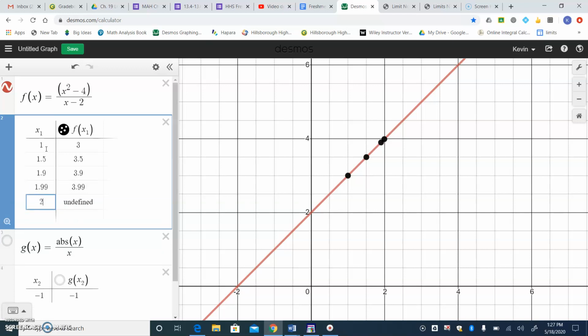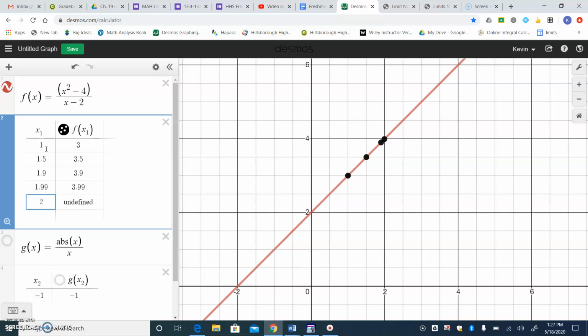Now, keep in mind, I can't plug 2 in. If I plug 2, it's undefined. So that's not really helpful to always just plug an x value in and get the answer out. You really have to figure out what's happening as we get near the x coordinate. And it's only going to exist if both sides of the value, both sides of 2 are doing the same thing.